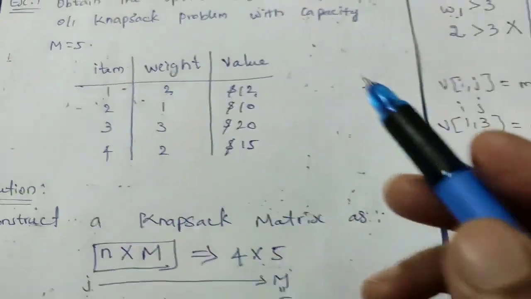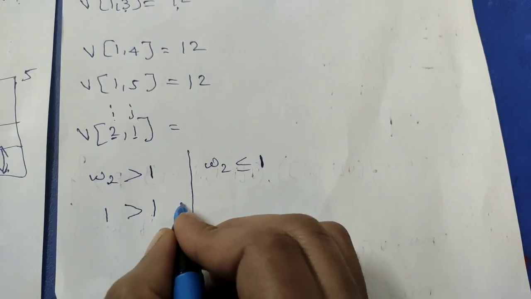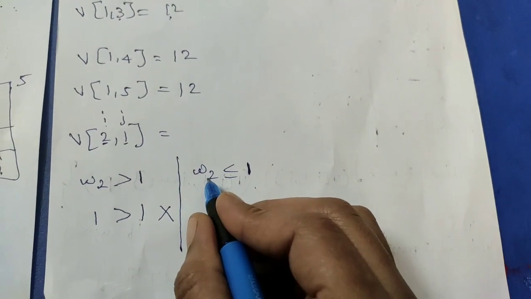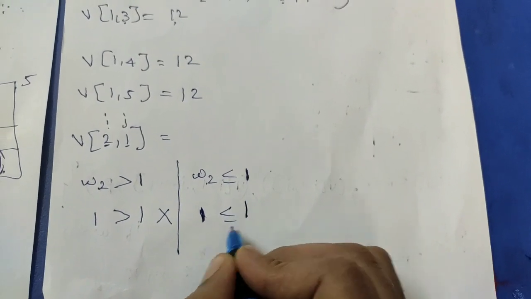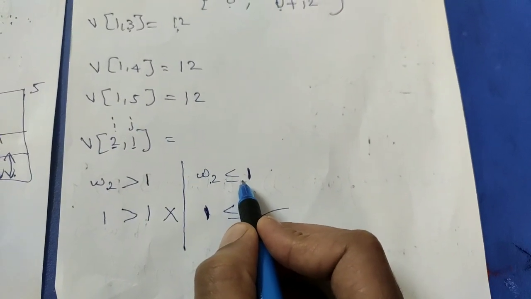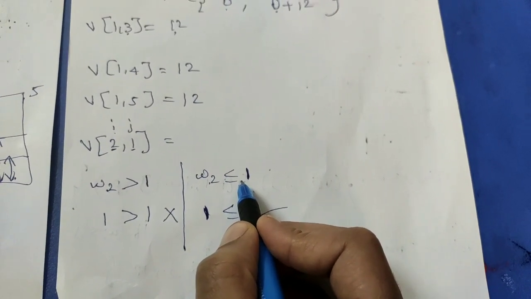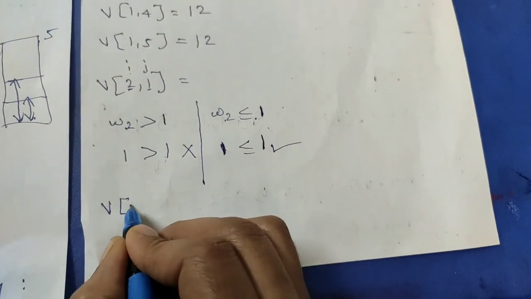The weight of the second item in the given question is 1. Is 1 greater than 1? No. The weight of the item is 1, less than or equal to 1. So this condition is true. If this is true, I have to select the third formula.